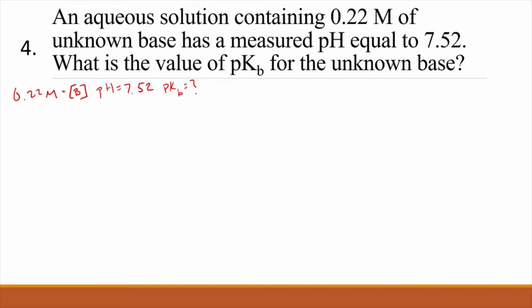And so the general equation for a base is you have some base that's aqueous reacting with water. And in our equilibrium, that gives us base with an extra hydrogen with a positive charge plus OH minus. We're generating hydroxide. So let's set up an ICE table for this.